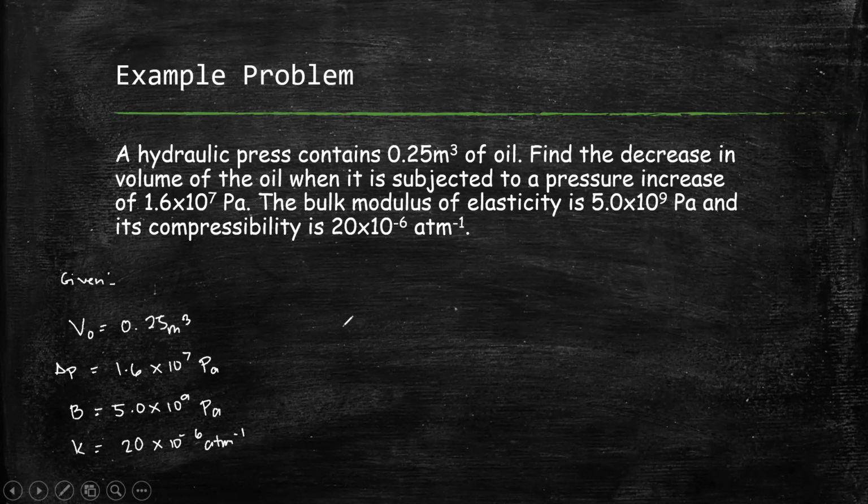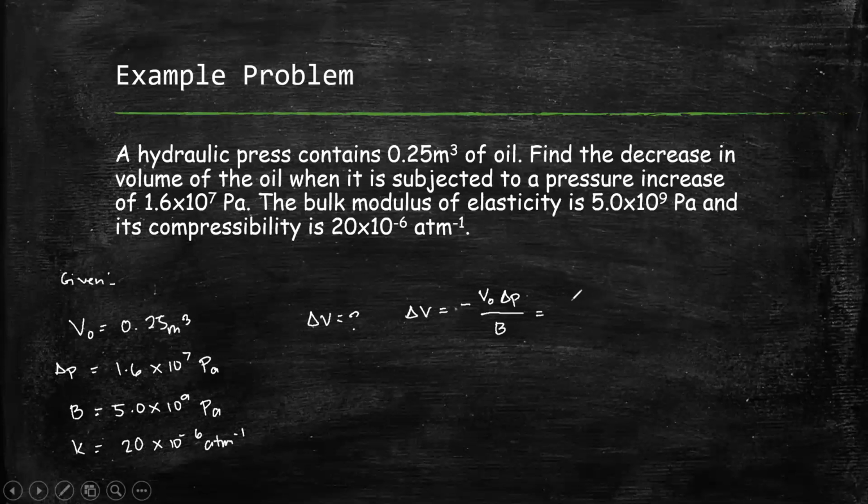We're looking for the decrease in volume, or change in volume. To find this, we will use the formula for bulk modulus: change in volume is equal to negative original volume times the change in pressure divided by the bulk modulus.